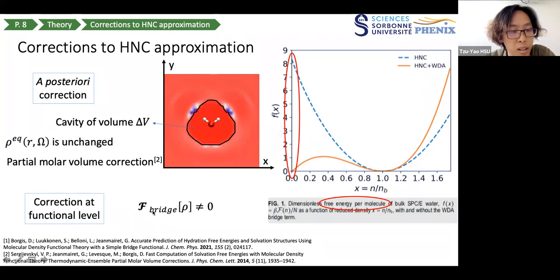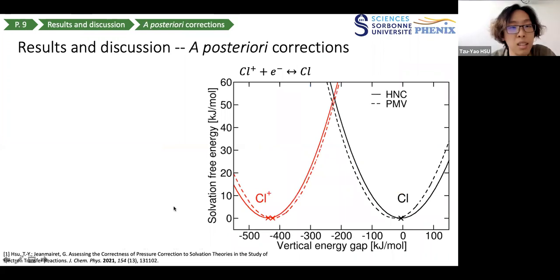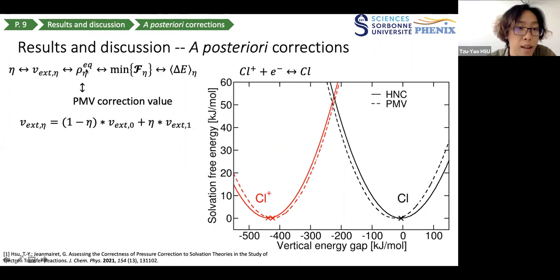And we take the bridge functional proposed by Borgis et al. as our example. So let's see how this correction will influence the construction of the free energy profile. Here we take a chlorine plus chlorine redox half reaction as an example. For every intermediate equilibrium solvent configuration, we have a corresponding partial molar volume correction value.